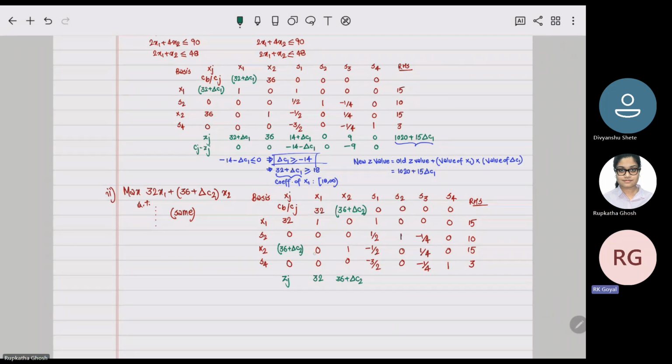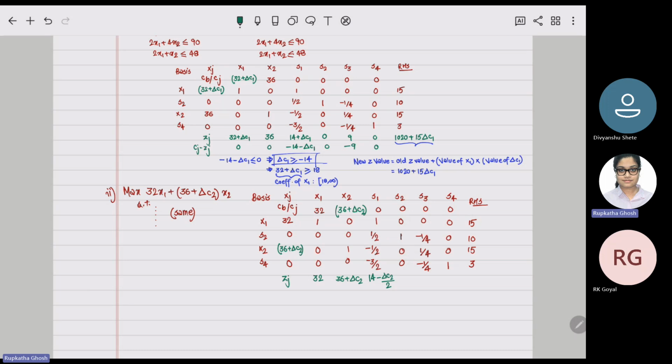So here we will get 52 plus delta C2. 32 minus 18, 14 minus delta C2 by 2.